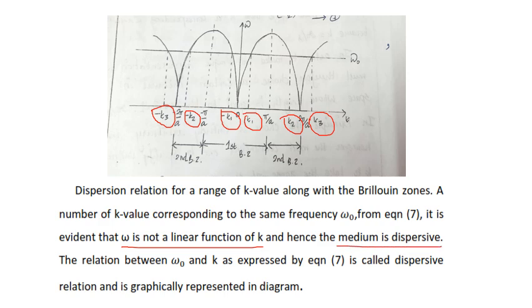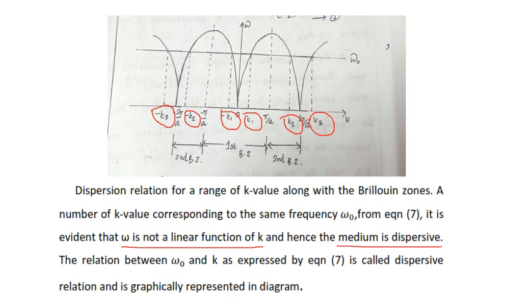So this is the rule: when omega is not a linear function of k, the medium should be a dispersive medium. Hence, it is called the dispersive relation, and the graphical representation is as shown above.